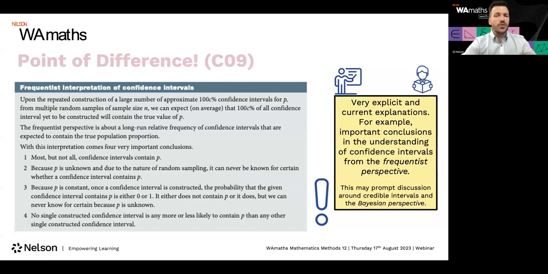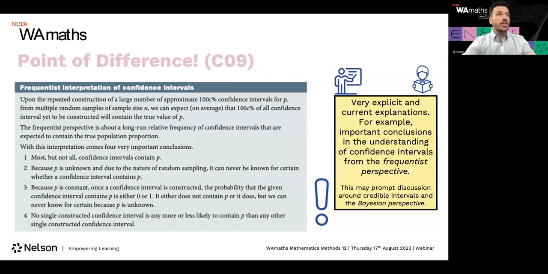And again, that idea of confidence intervals, and this is something that may not be explicit to the students: once I take a confidence interval, once it's constructed, it either does or doesn't contain the true value of P. So we can't comment on the likelihood that P is contained within an observed confidence interval.